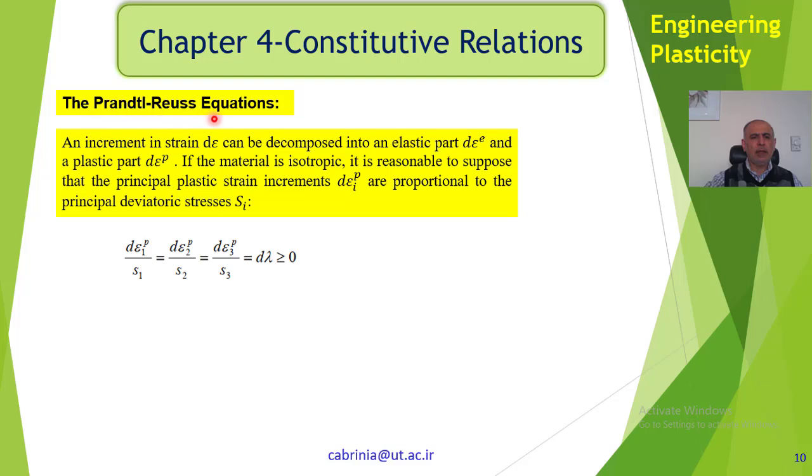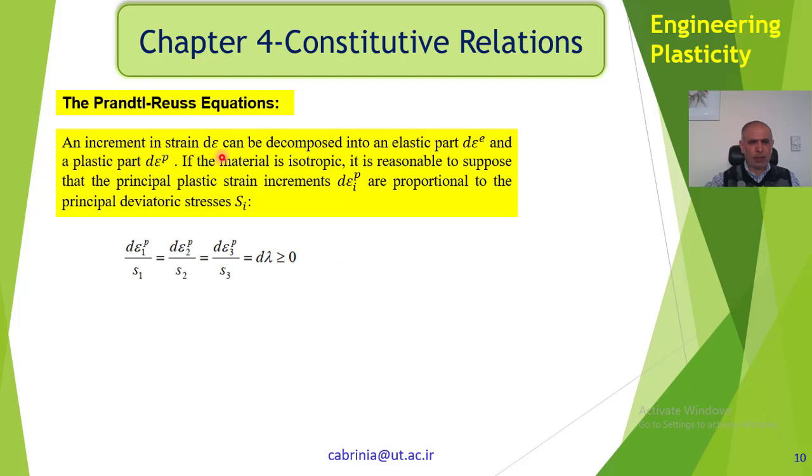Prandtl-Reuss equations are maybe the oldest kinds of equations. Of course, we have the Levy-Mises equations, which were given before this with regard to the date, but Prandtl-Reuss may be more general.